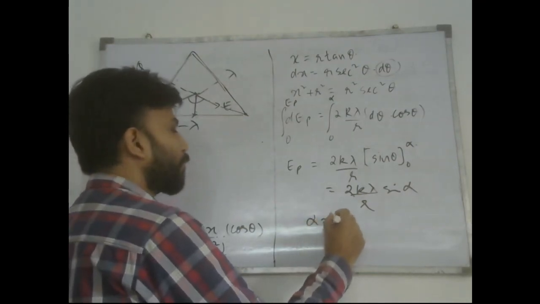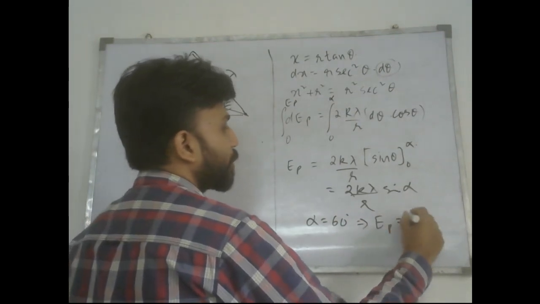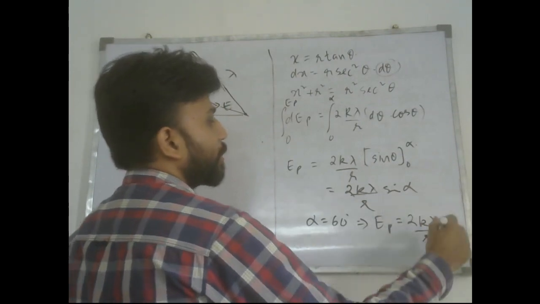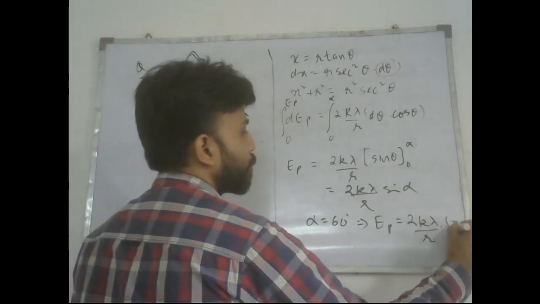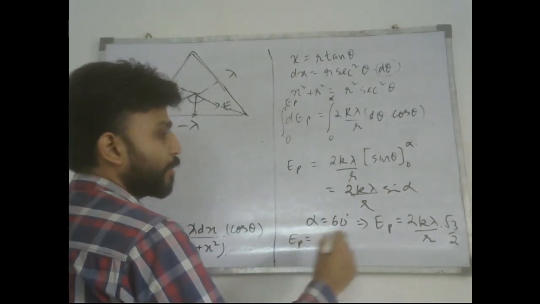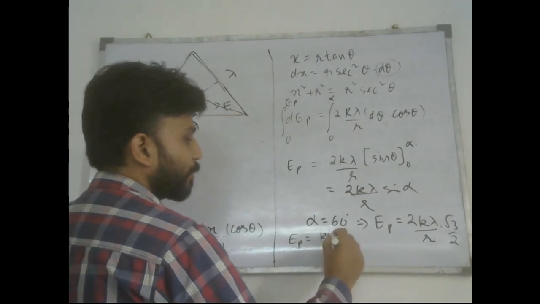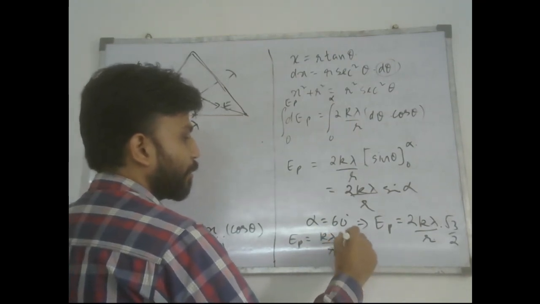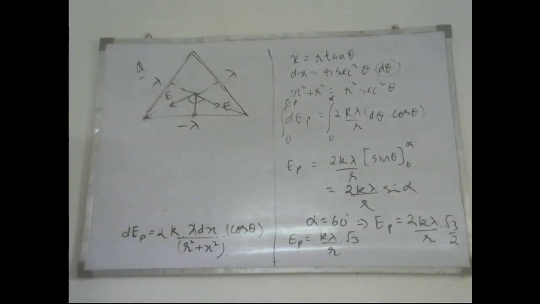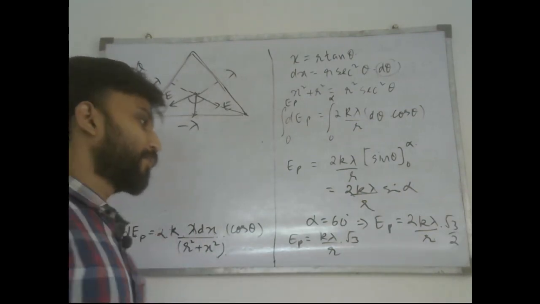So alpha is 60, and EP is 2k lambda by r times sin alpha, which is root 3 by 2. So EP is equal to k lambda by r times root 3. This is the electric field due to one rod.